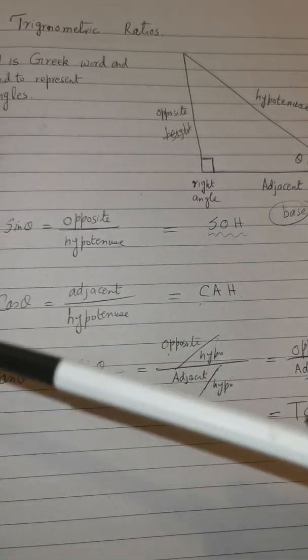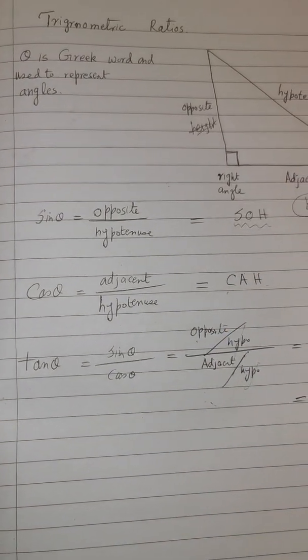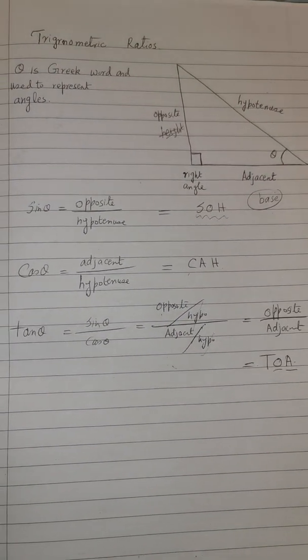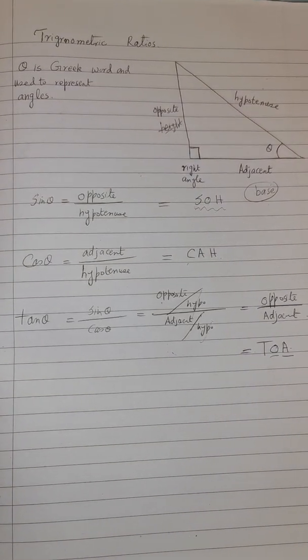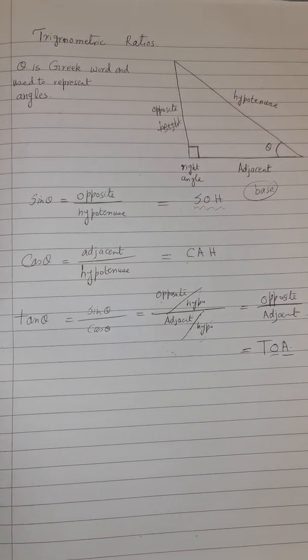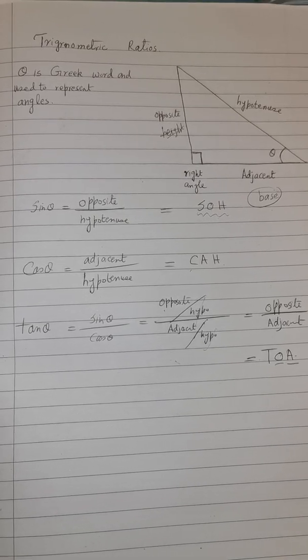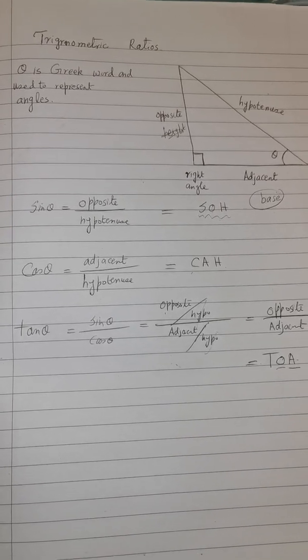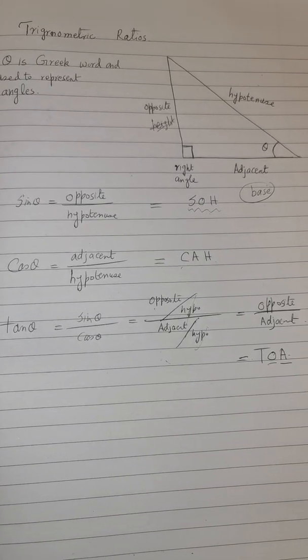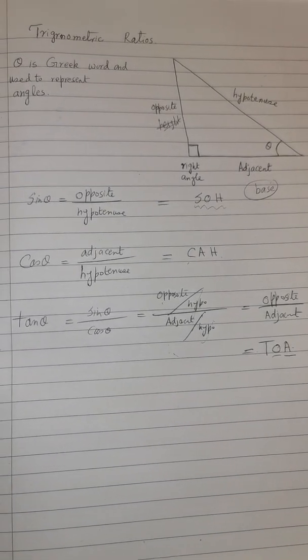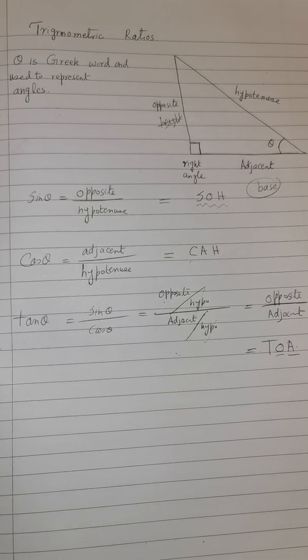For this purpose these trigonometric ratios are used and you have to remember them: sin theta is equal to this, cos theta is equal to this, and tan theta is equal to this. Next, I will show you how to calculate these when they give us a figure or a picture.